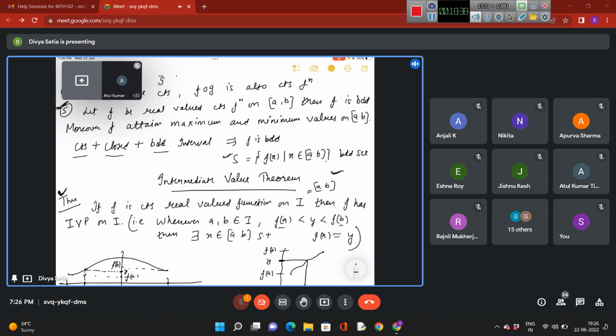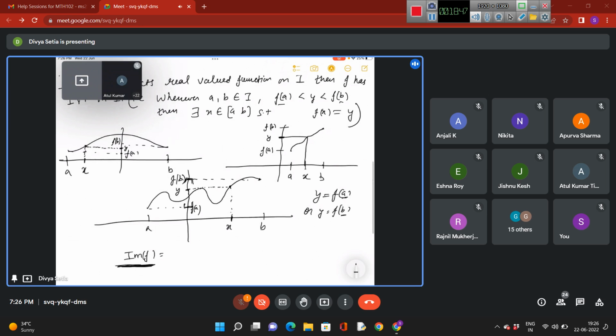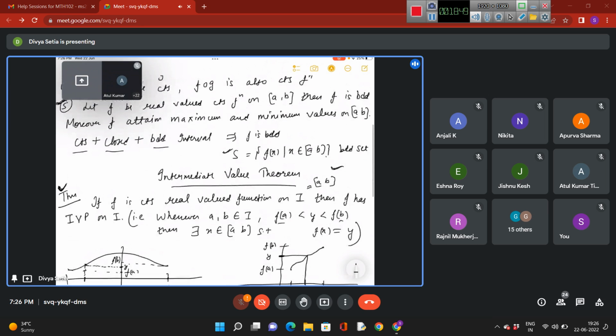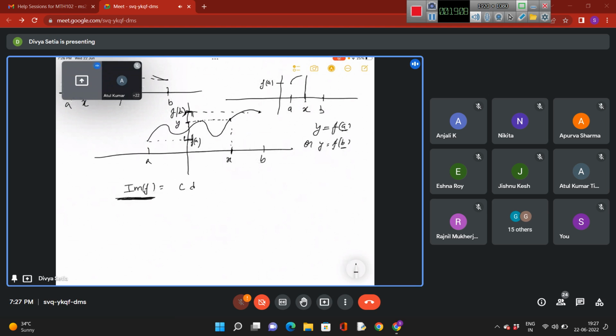What about the image set? How does this set look like? It's a bounded set and it attains each and every value up to the endpoints. What does that mean? Isn't it the property of intervals that this image set should be a closed interval? It should be of this form.